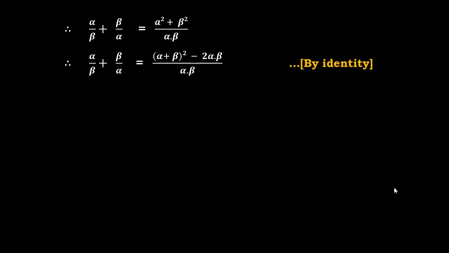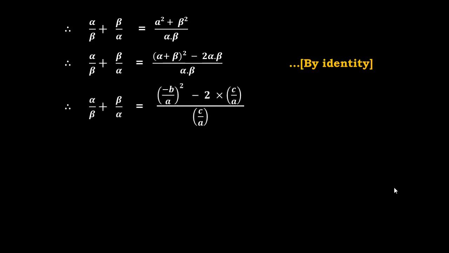Now substitute the value of alpha plus beta: (minus b upon a) the whole square minus 2 into alpha into beta, that is c upon a, upon c upon a. Now solve this. (Minus b upon a) the whole square will become b square upon a square, minus 2c upon a. Now c upon a comes in the numerator, it will become a upon c.